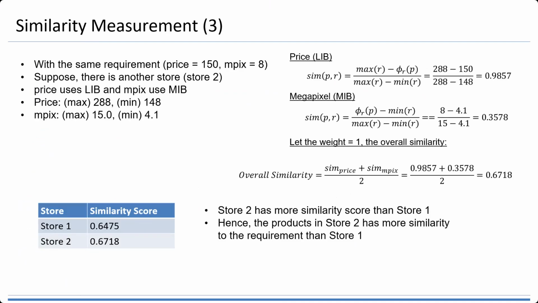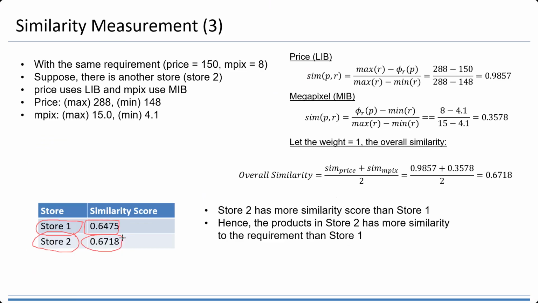Then we can have a comparison. Store 1 has the similarity with the user requirement as much as 0.64. Store 2 has the similarity score as much as 0.67.